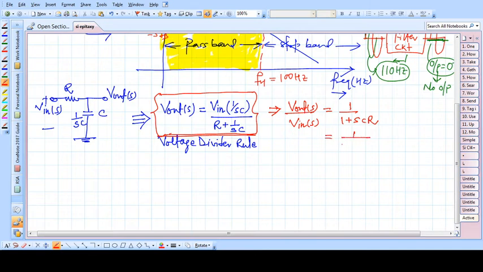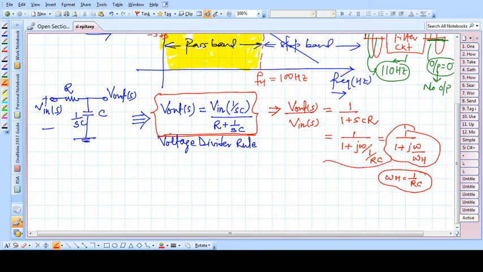One more thing we can write, 1 plus j omega by 1 by RC. Why I am writing this, because we can write omega by omega H, where this omega H is 1 by RC.